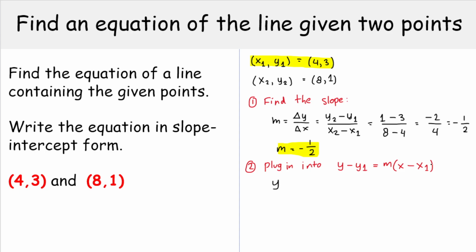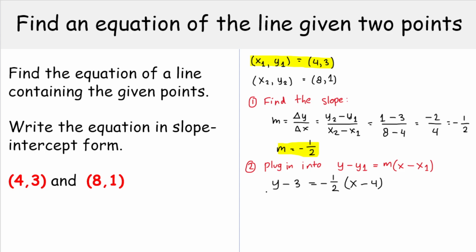So y minus y1, where y1 is 3, will equal minus 1/2 as our slope, and then x without subscript, so I will write it as is, and then minus x1. x1 is 4 here, so I will have minus 4.